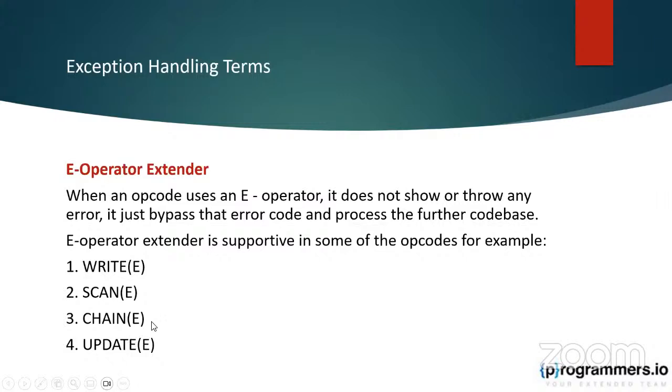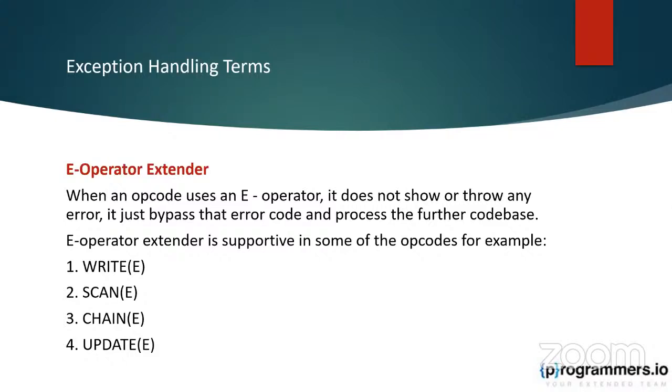What the E operator extender will do is bypass the errors, so the program will not crash, and it will handle those errors, and further code will run. But it will not show the error.